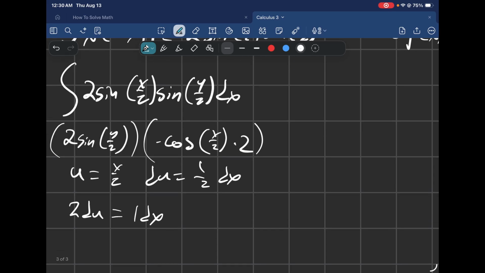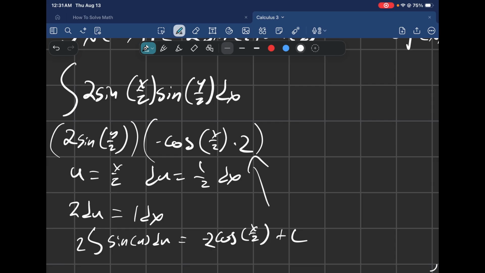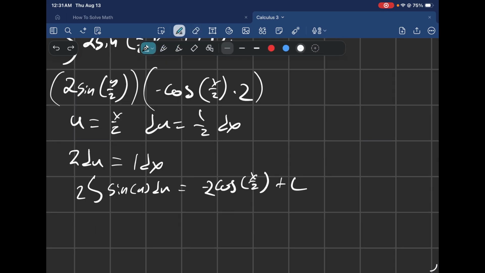So this integral of sine u du would just be negative cos of u, which is x over 2, plus c. So this is where this 2 came from. Oh, sorry, negative 2. I forgot to add the 2 right there. In total, our antiderivative would be negative 4, actually.